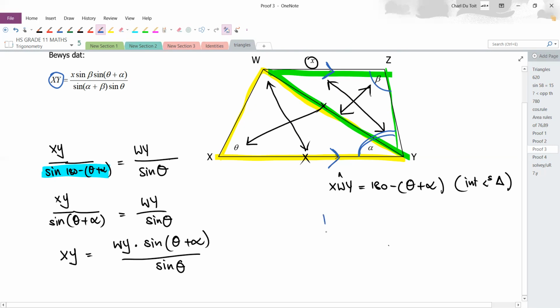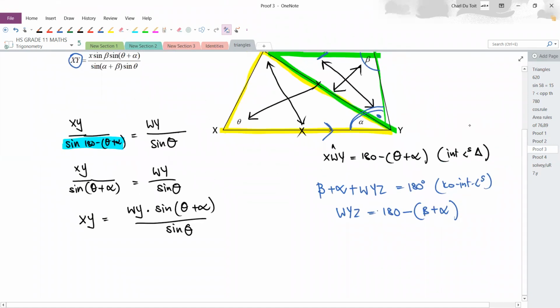So beta plus alpha plus that thing at y there, which is WYZ, is 180 degrees. That is co-interior angles. So WYZ equals 180 minus those two, beta plus alpha.